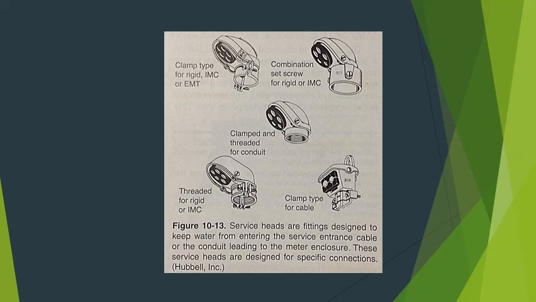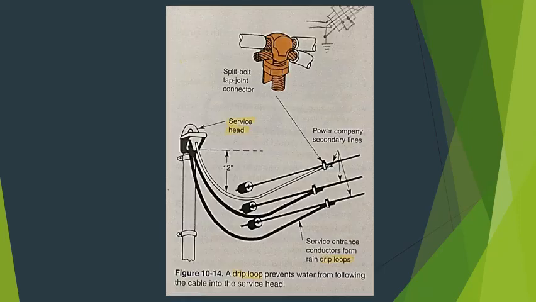The service conductors should extend through the head for approximately 3 feet to provide a suitable drip loop. A drip loop is merely a formed curvature of the service conductor to prevent water from entering the service head around the cable or conduit. See figure 10-14.